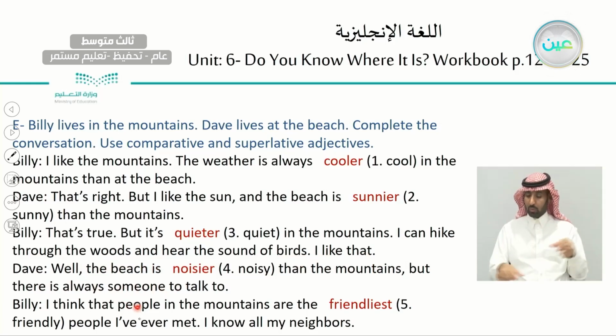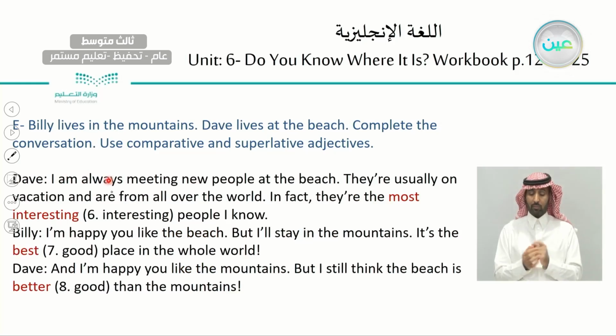Billy: I think that people in the mountains are the friendliest people I've ever met. I know all my neighbors. Dave: I'm always meeting new people at the beach. They are usually on vacation and are from all over the world.